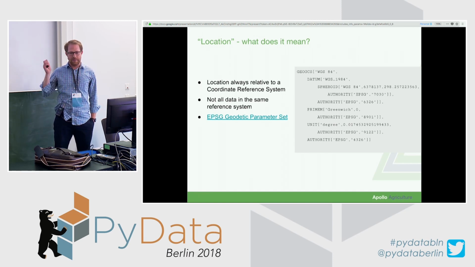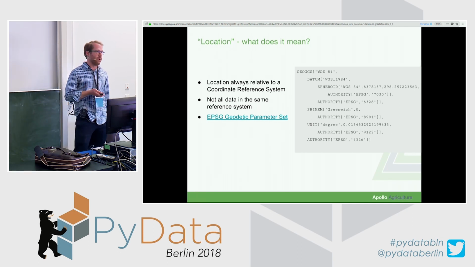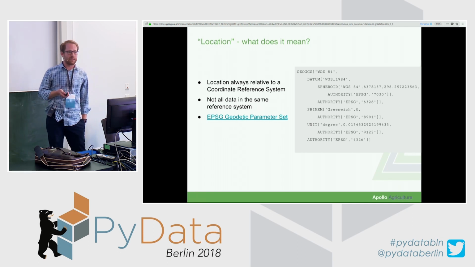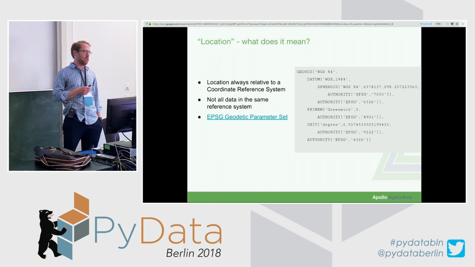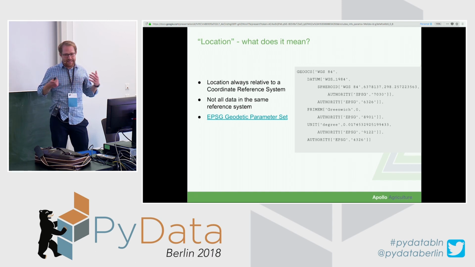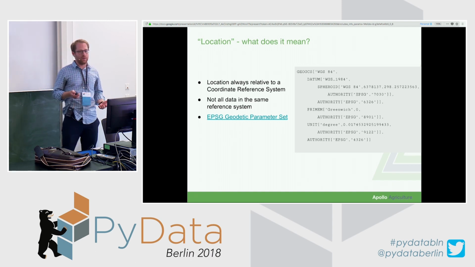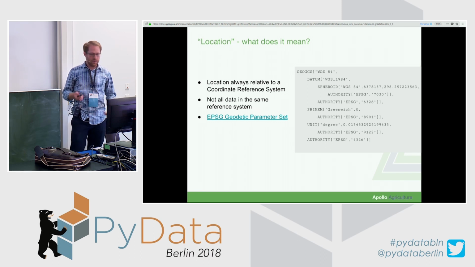EPSG 4326 is how people refer to it, and that's the specification used for your GPS. We're really used to GPS data and to thinking about it in terms of lat/lon. But it's useful to recognize that that is just one coordinate system that's used, and it's not the only one.